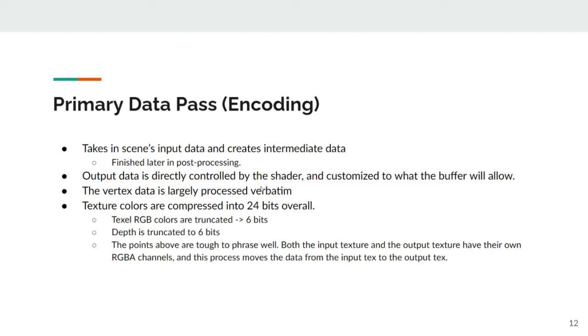The vertex data, which is the shape of the mesh, is processed completely verbatim, pretty much. If I passed in the model of a hand, I'd get the exact same hand out. The shape just doesn't change. So that's step 1 of this encoding pass. And then step 2 would be the texture part. So it takes all of the colors and textures of everything and outputs them properly.